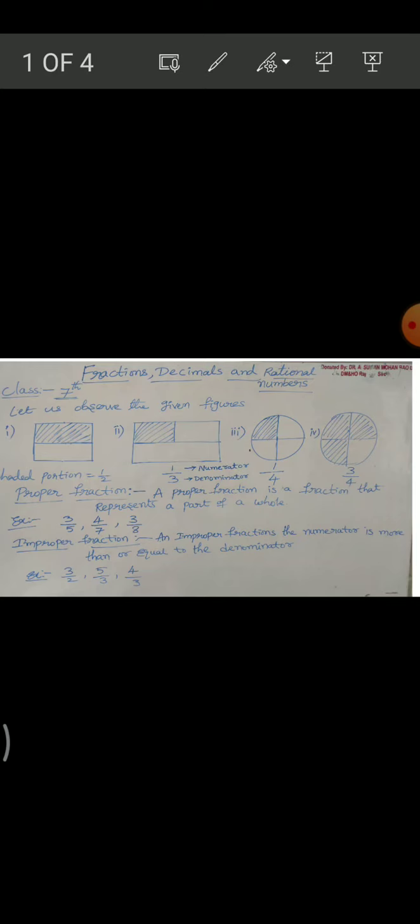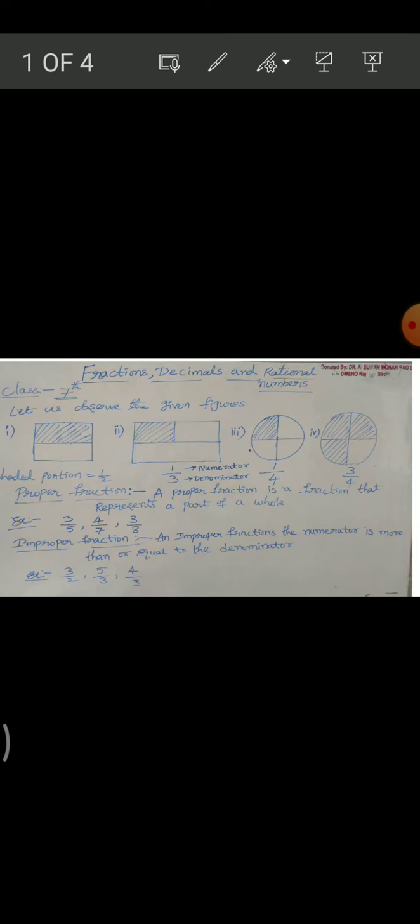Okay, now let us see the second figure. Here also we have one rectangle and it is divided into 3 parts. How many parts? 3 parts. In this, only one part is shaded. So how can we represent this as a fraction?